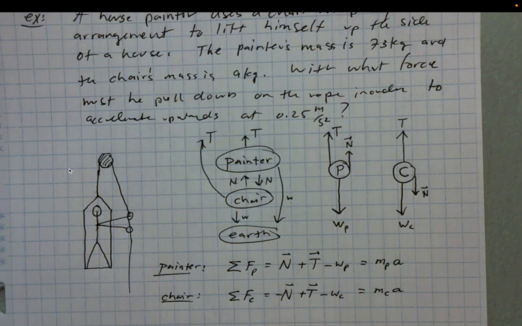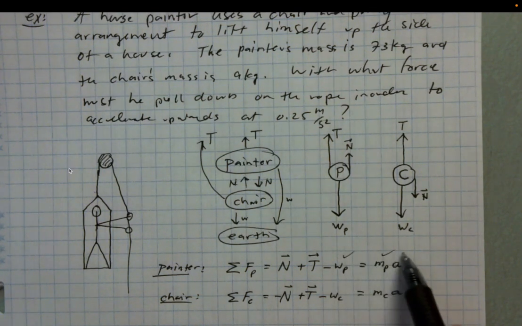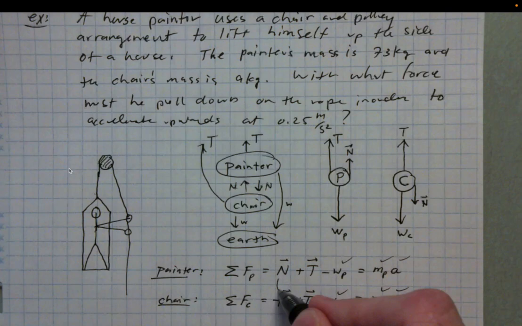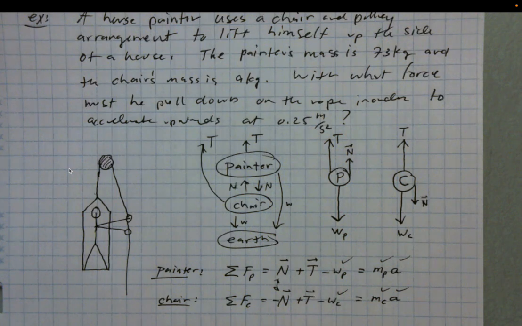If we look closely at this, what quantities do we know? What quantities do we not know? Well, we know the weights. We're given the mass, and we can calculate the weights. We also know that these normal forces are the same. So what we're really interested in, the force we're targeting, is the tension force.